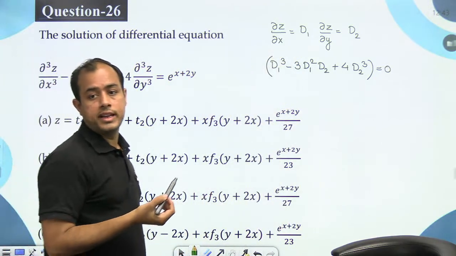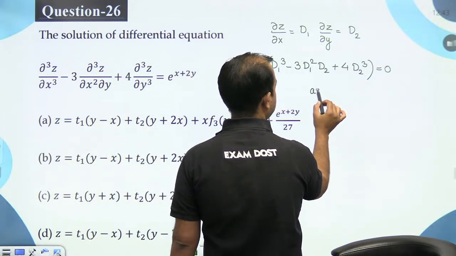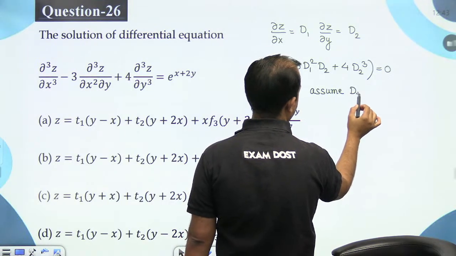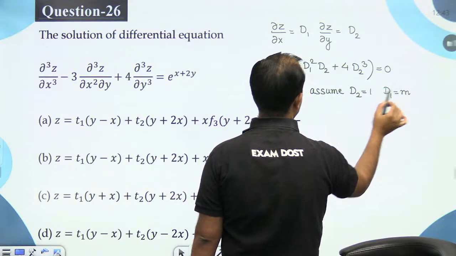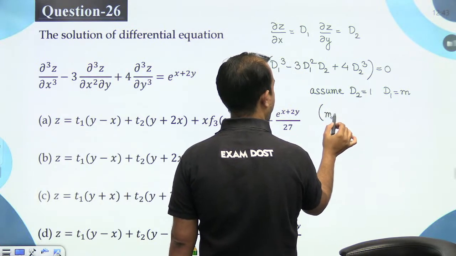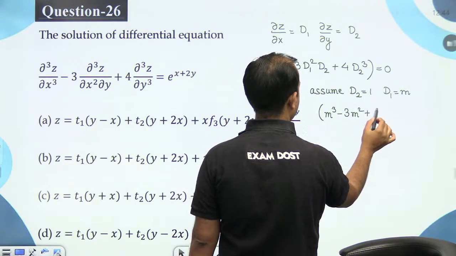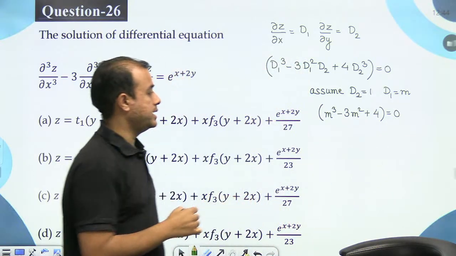Now there are two variables in one equation, D1 and D2. Assume D2 equal to 1 and D1 equal to m. So this equation will be m cube minus 3m square plus 4.